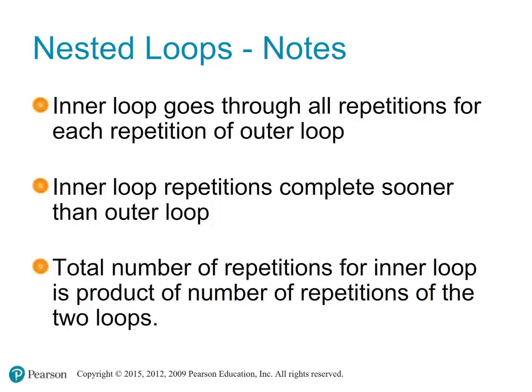The total number of repetitions of the inner loop is the product of the number of repetitions of the two loops. If the outer loop iterates A times and the inner loop iterates B times for each outer loop iteration, the inner loop will have a total of A multiplied by B iterations.